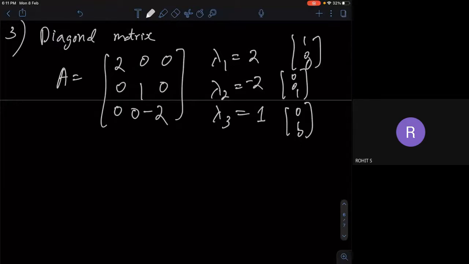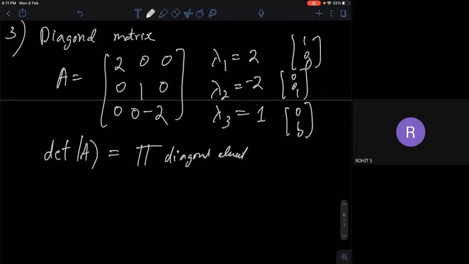What about the determinant? The determinant of a diagonal matrix is the product of its diagonal elements, and this is the same as the product of the eigenvalues. Good. They match.